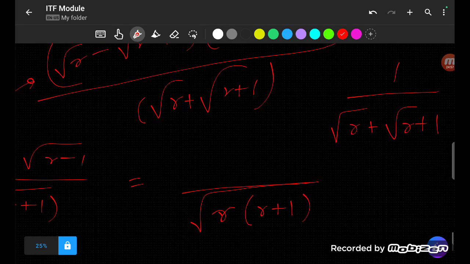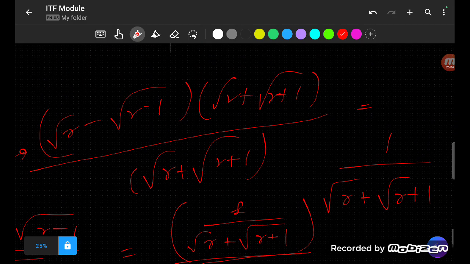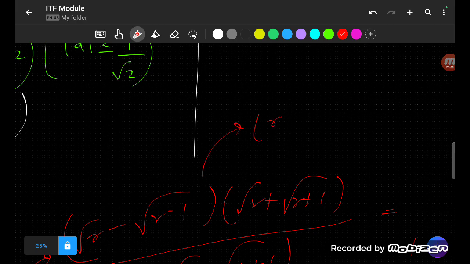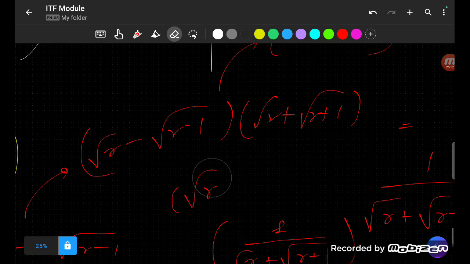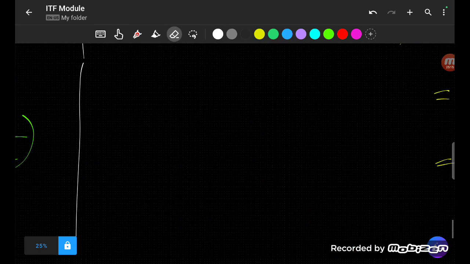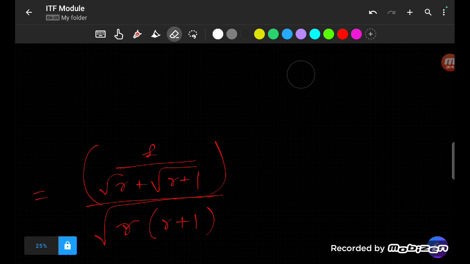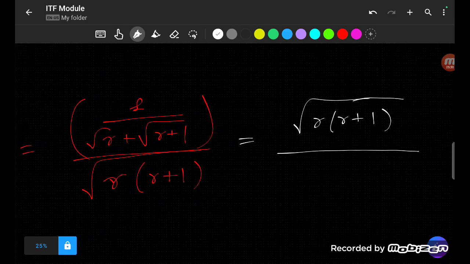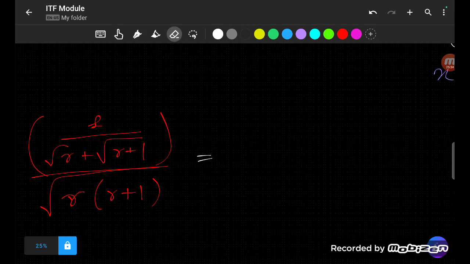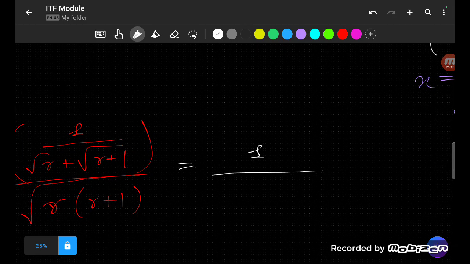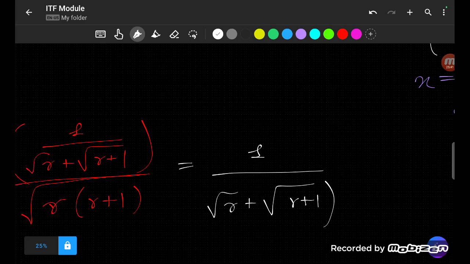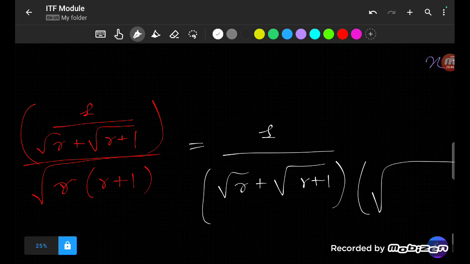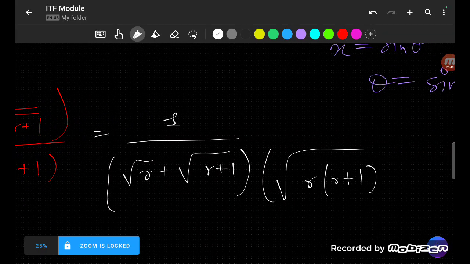If we just rationalize this, the square will give r minus r plus 1, so this is just coming out as 1. No wait, this is wrong. Now if we do this, this is 1 upon root r plus root r plus 1, or potentially the same as what we have gotten, under root r times r plus 1.